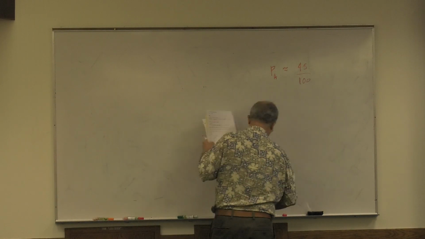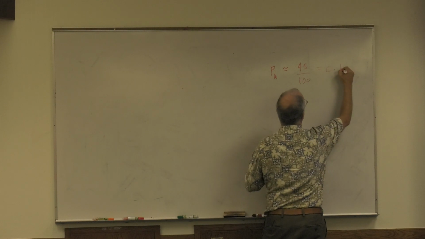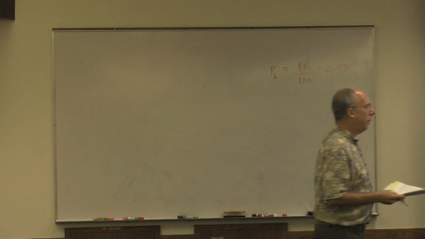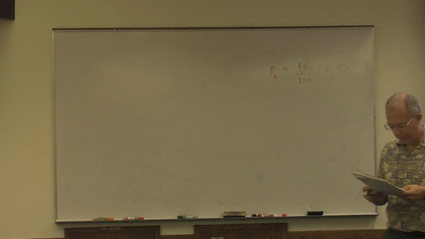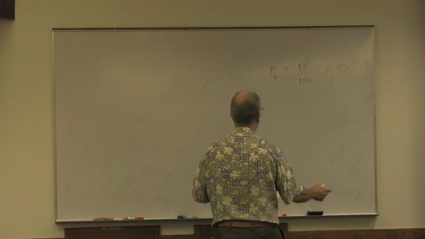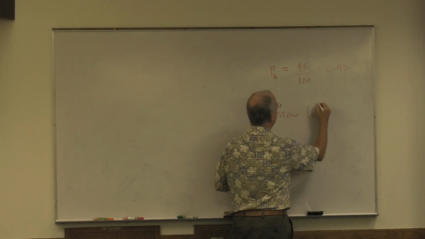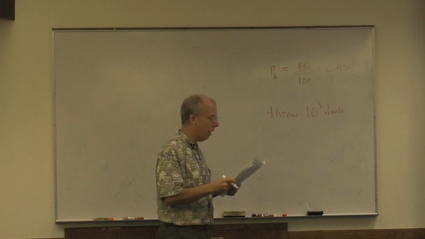So this is 0.45. Okay. So in this experiment, the probability that something's going to land in A is 0.45. Now, let's say we throw, let's say it's darts, 1,000 darts.